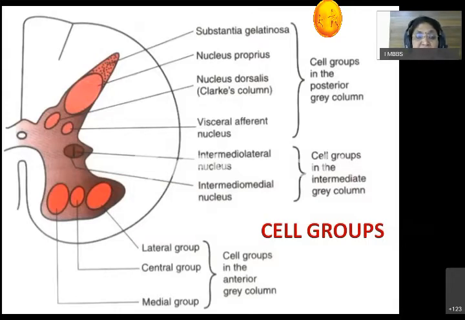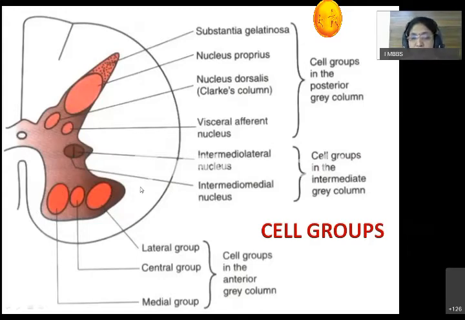These cells, whatever we have discussed now, form groups and they lie in the horns of the spinal cord in the form of cell groups. So there is formation of cell groups in the anterior horn, in the posterior horn, as well as in the lateral horn. So which groups are present in the anterior horn?